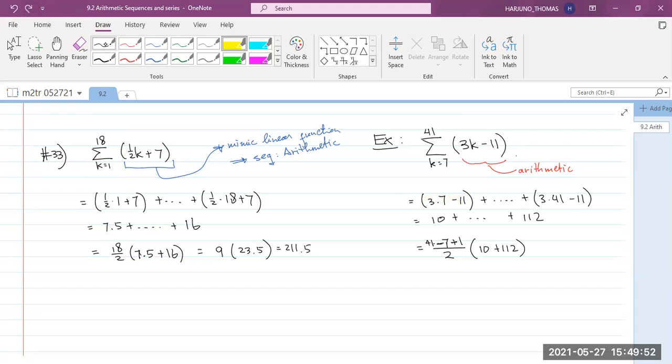Okay, so this is equal to, what's that? 41 minus 7 plus 1, that's 35 times 122 divided by 2. That's 2,135.